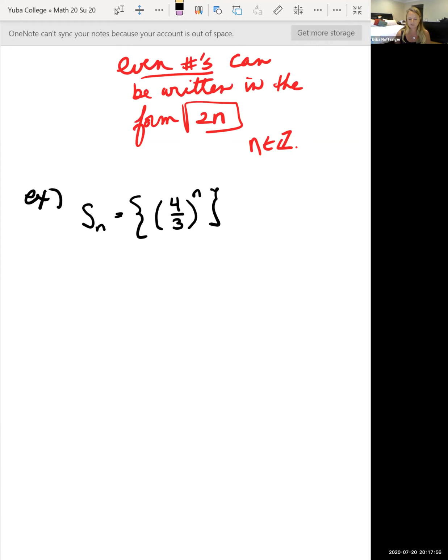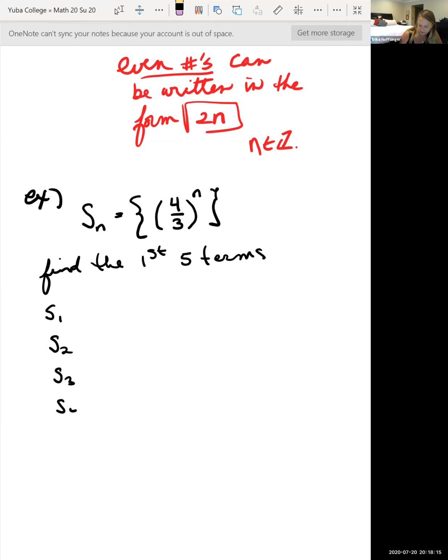Again, we're finding the first 5 terms. So basically you're looking at S of 1, S of 2, S of 3, S of 4, and S of 5.